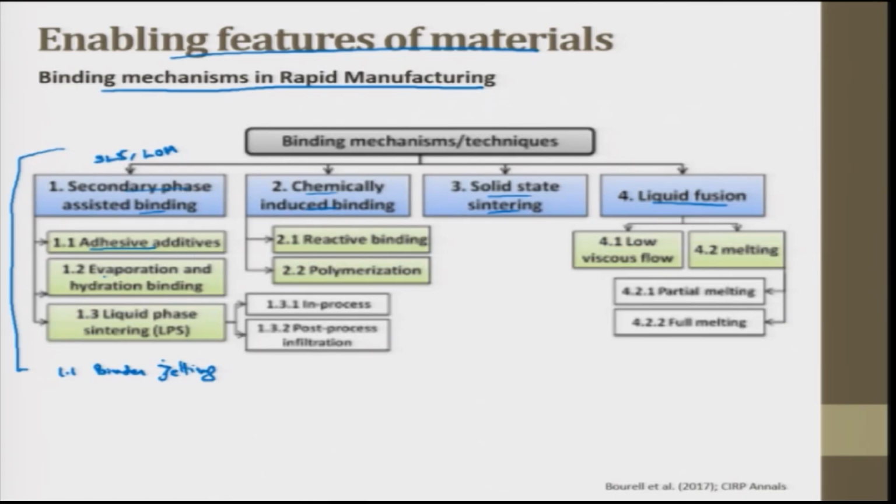Next is evaporation and hydration binding. In evaporation and hydrated binding, a common concern with the binder additives is the binder residue that may affect purity and properties of final parts. So there are volatile binders that can be evaporated after binding, leaving little or no residue.